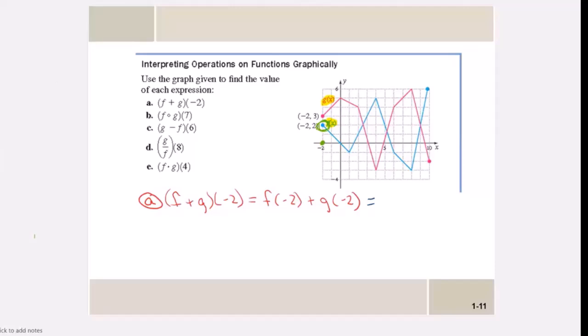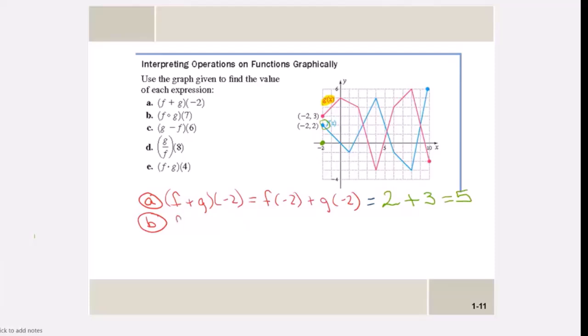So I'm looking at this point, and it tells me when I plug in -2 for f, I get 2. Plus g of -2, same place, just up on the pink graph, and I see -2, 3. This is 3. So I add those together, and I get 5. So A is 5.